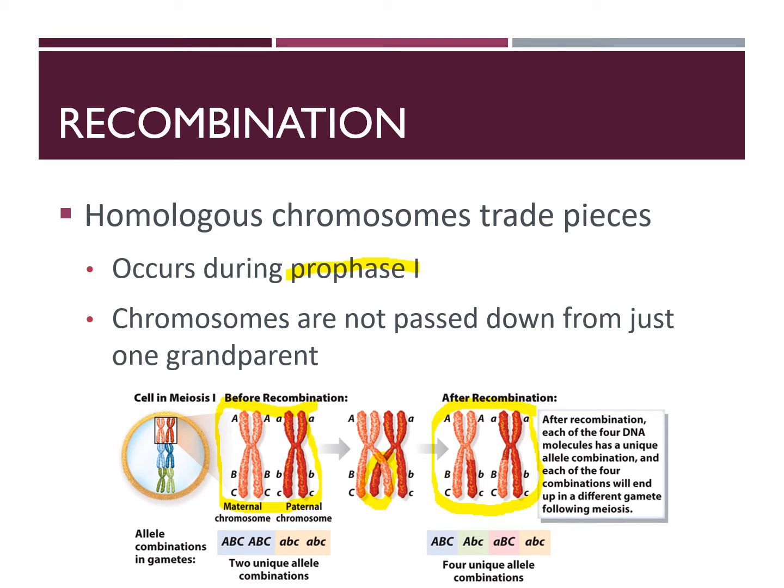You can get partials. So this chromosome that you get from your mom could be part grandma, part grandpa, or it could be all grandma or all grandpa. And if it's parts, which parts can vary as well. And so you get a lot of different possible chromosomes from one organism going through meiosis.